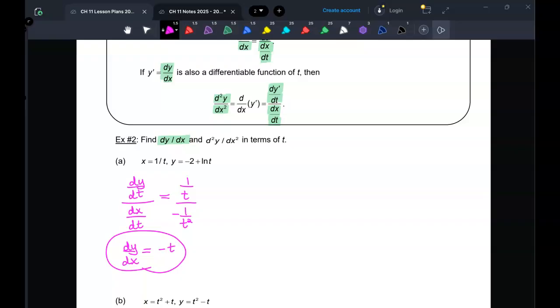In order to do the second derivative, I want to do the derivative of dy dx.